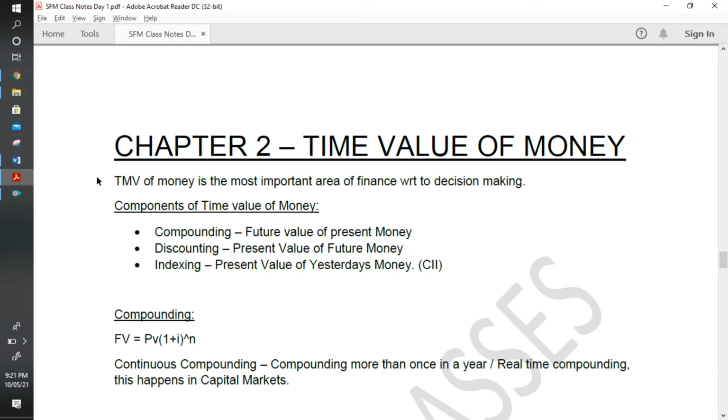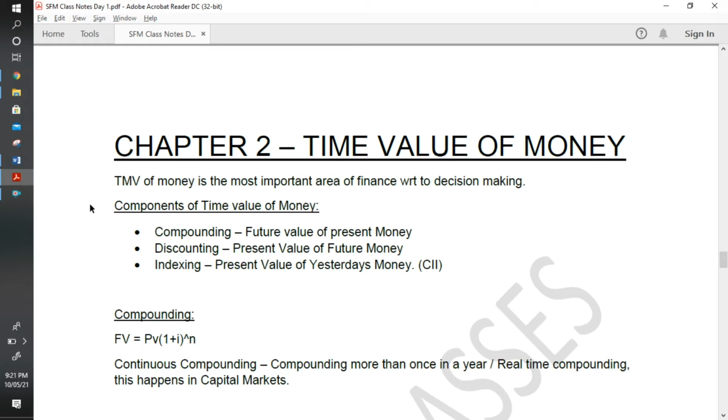Firstly, why do we need to know about this topic? Let me tell you something. As we all know, a certain amount now is worth more than the same amount in the future. Correct. This is mainly because we can invest now and earn return on it, resulting in more money in the future.